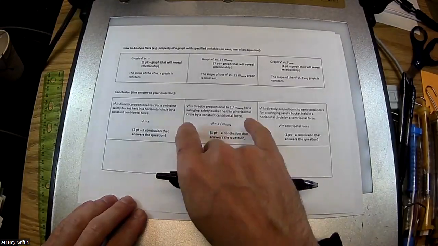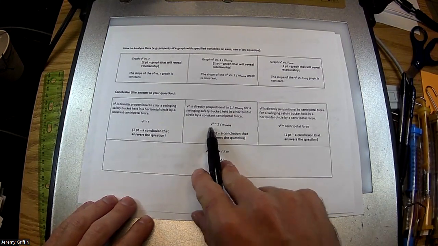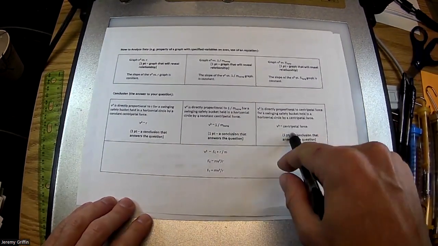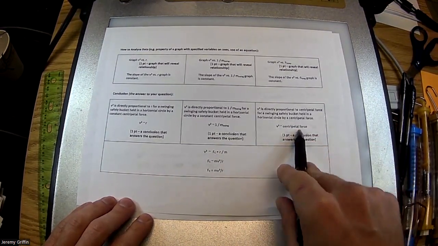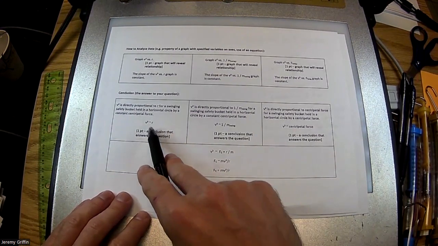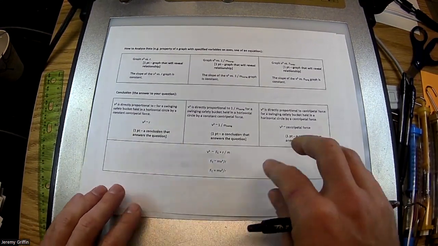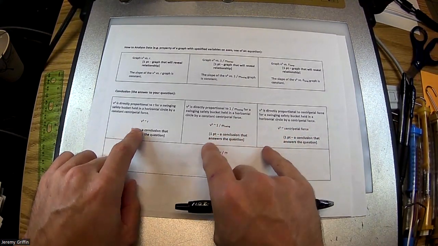Right, so if you had the spades, you figured out that the speed squared is proportional to 1 over the swing mass. If you had the diamonds, you figured out that v squared is proportional to the centripetal force. And if you had the clubs, you figured out that v squared is proportional to the radius, right? Now, you put those 3 stories together, v squared is proportional to something on all those 3, right?